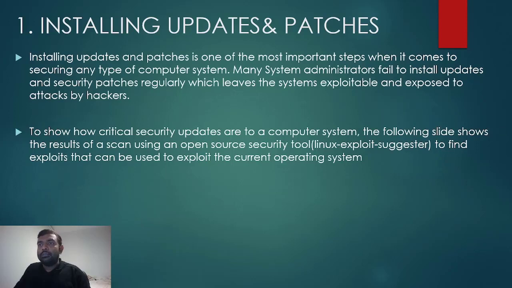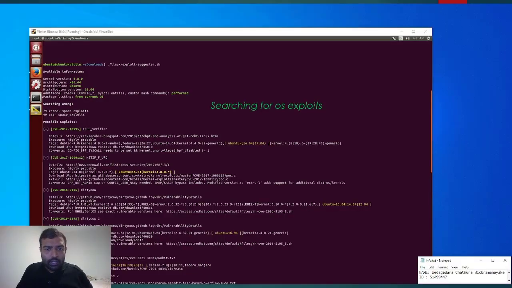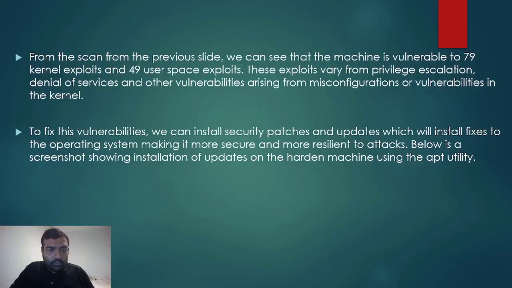So, installing updates. The first one is installing updates and patches. So in here you can see I have installed all the patches. From the scan on the previous slide, we can see that the machine is vulnerable to 79 kernel exploits and 49 user space exploits.